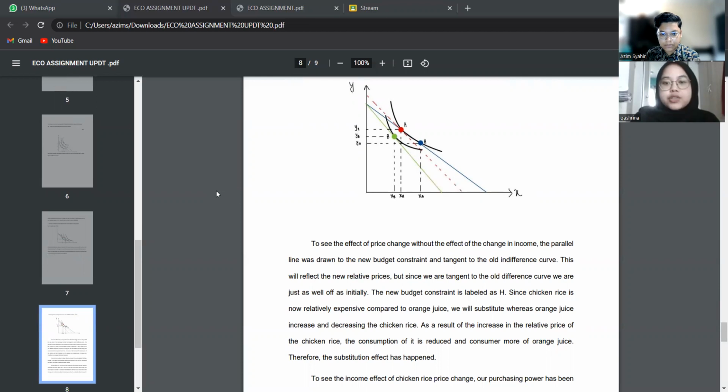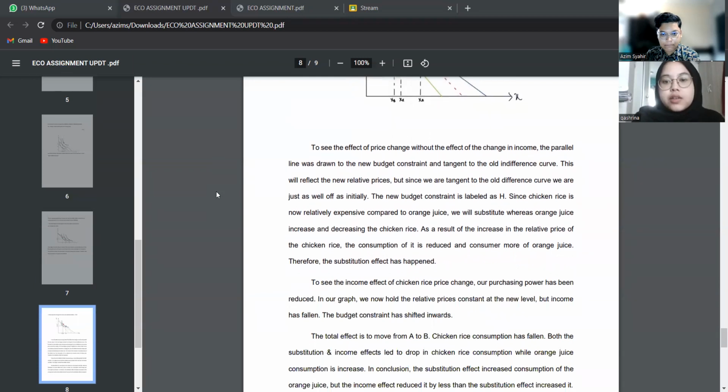The new budget constraint is labeled as H. Since chicken rice is now relatively expensive compared to orange juice, we will substitute, with orange juice increasing and chicken rice decreasing. As a result of the increase in the relative price of chicken rice, its consumption is reduced and we consume more orange juice. Therefore, the substitution effect has happened.